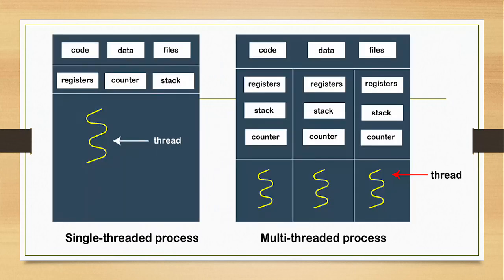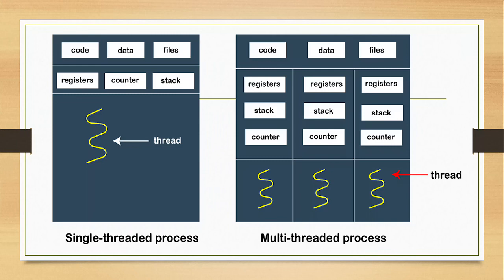So this particular diagram shows both multi-threaded and single-threaded processes. As you can see in the first diagram, this process has just a single thread. Then in the second diagram, we can see a process showing 3 threads. So that is a multi-threaded process.